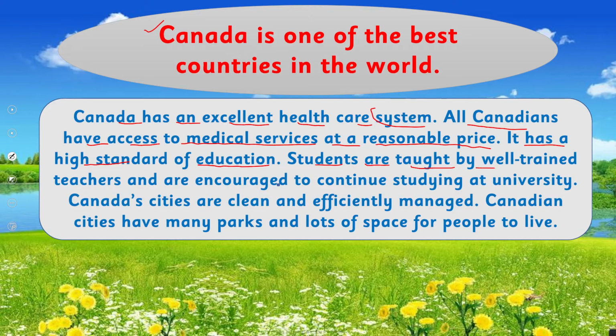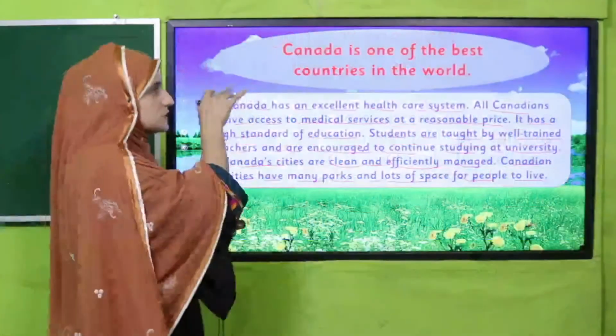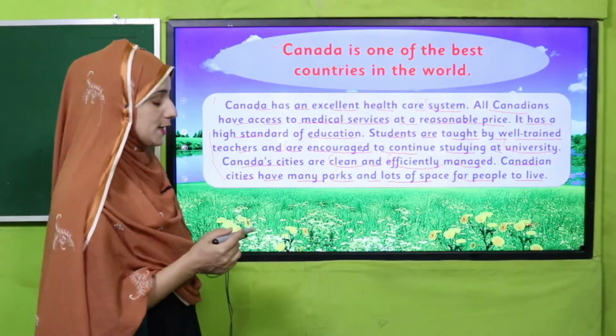Students are taught by well-trained teachers and are encouraged to continue studying at university. Canada's cities are clean and efficiently managed. Canadian cities have many parks and lots of space for people to live. That second section is giving us the complete supporting details related to our main topic.